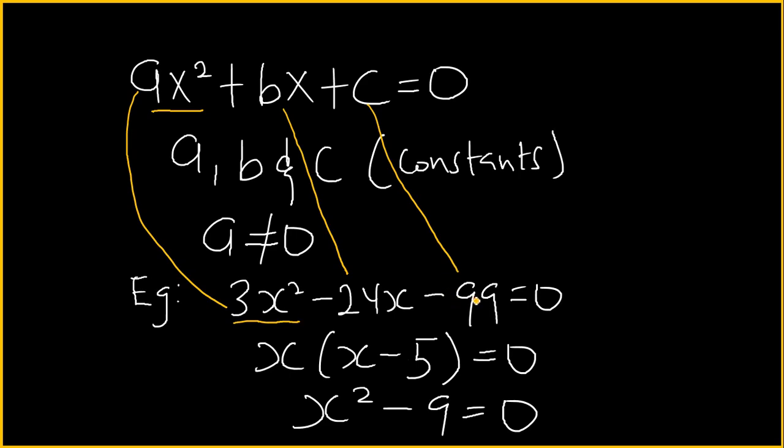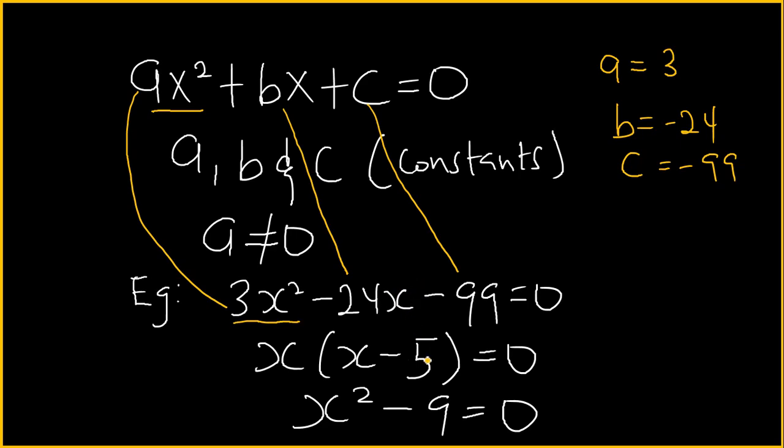So for the first equation, a is the number 3, b is the number negative 24, and c is the number negative 99. So this obeys the general equation and it makes this a quadratic equation.